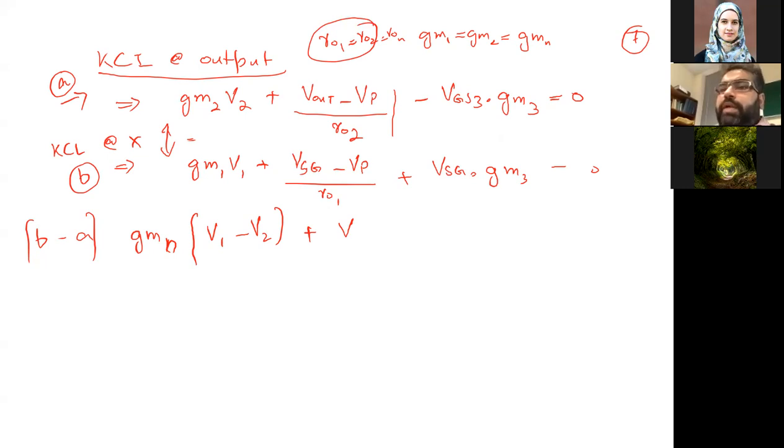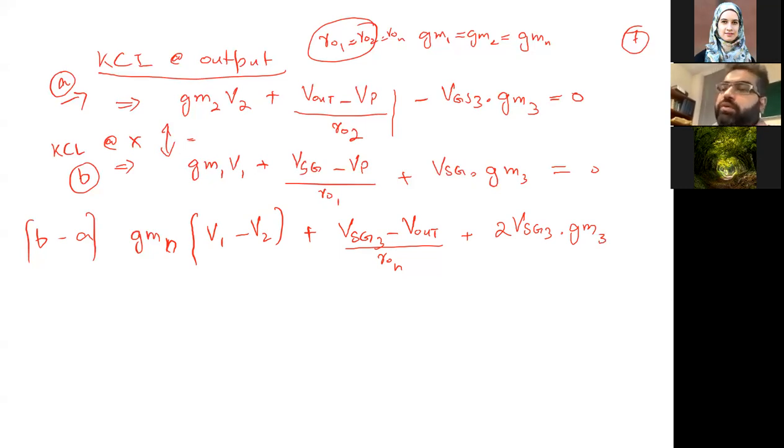So ultimately, we will be left with the expression VSG3 minus V out, divided by RON, plus again GM3s are the same, so it's plus 2 times VSG3 times GM3, equal to 0.